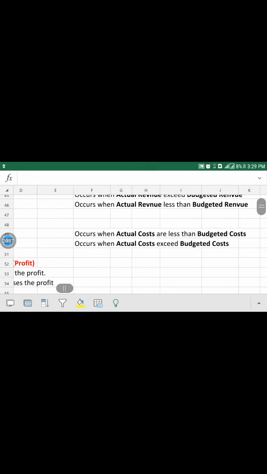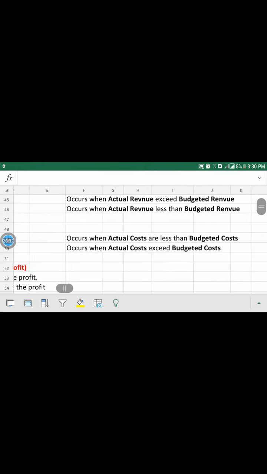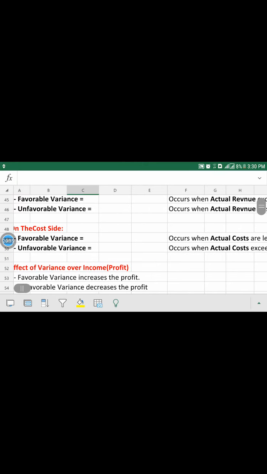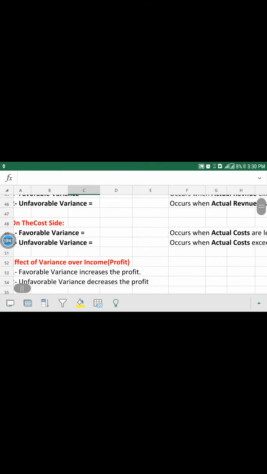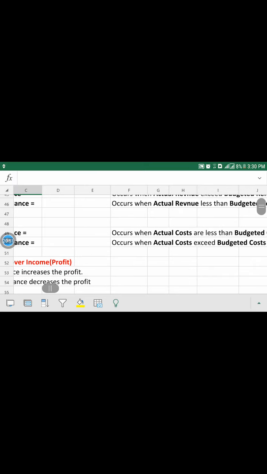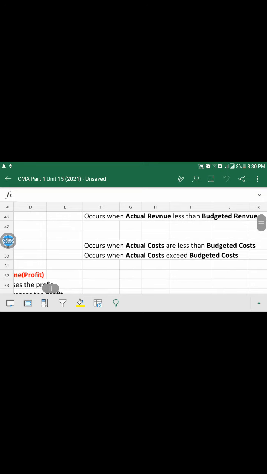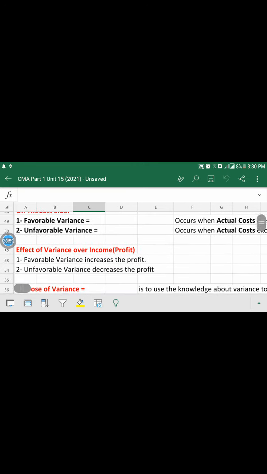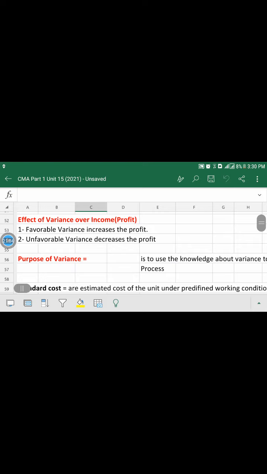So we have already studied standard cost, right? Here is one question that I will discuss. It says that a manufacturing firm planned to manufacture and sell 100,000 units of products during the year at a variable cost per unit of $4 and a fixed cost per unit of $2.